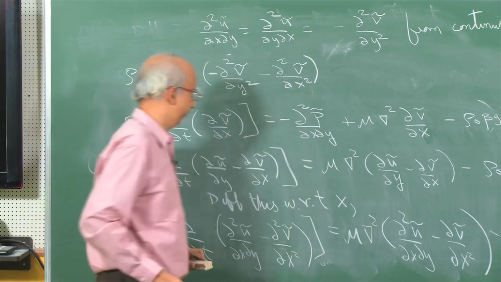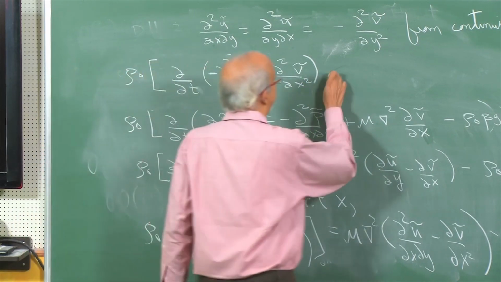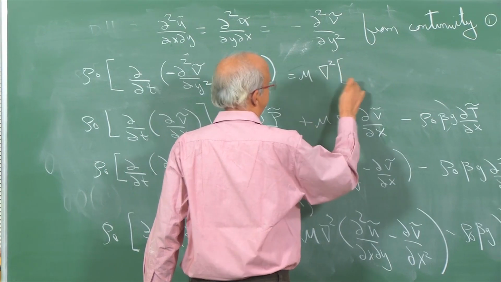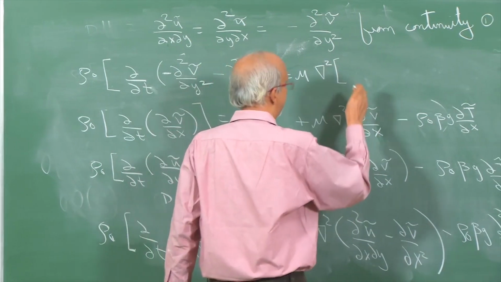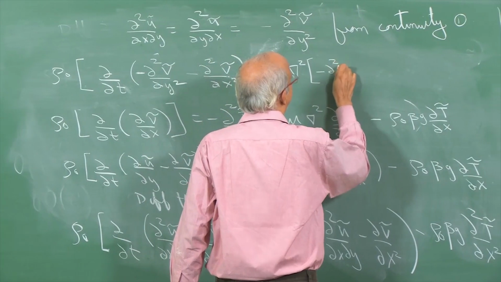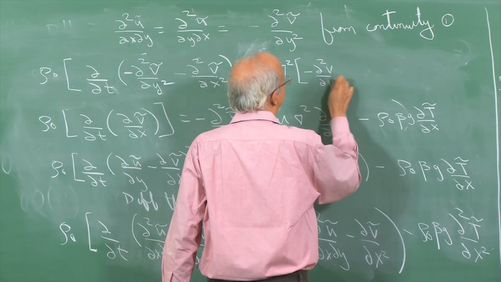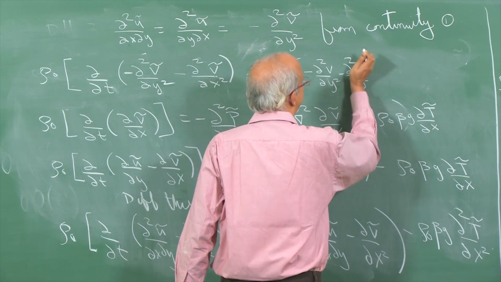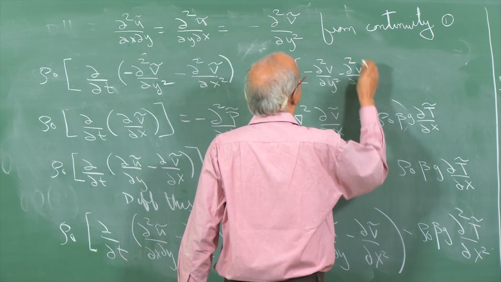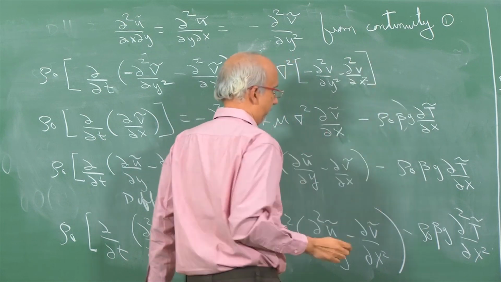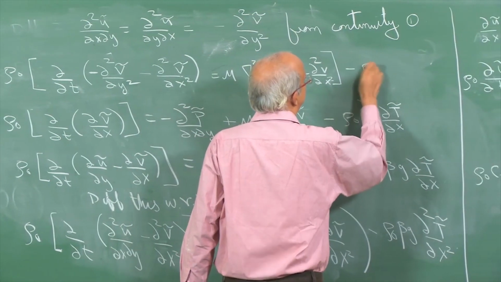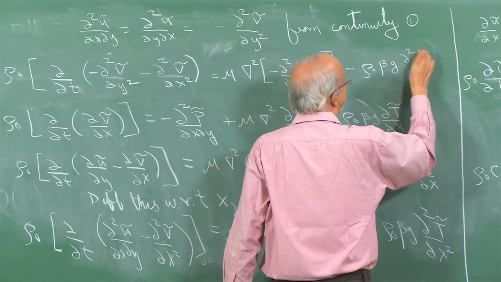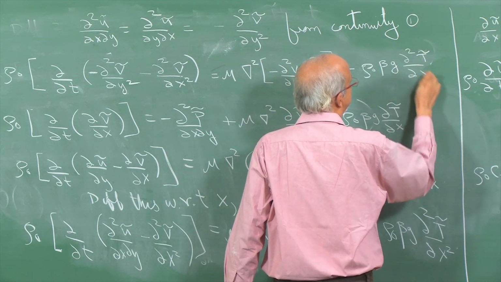It does not matter, but still equals mu times del square of minus d square v by dy squared minus d square v by dx squared, minus rho naught beta g d square t tilde by dx squared.